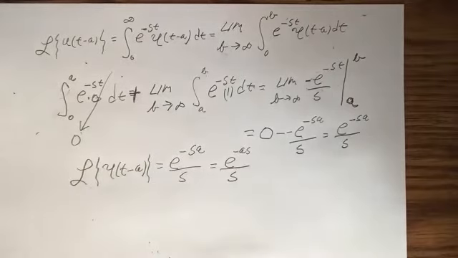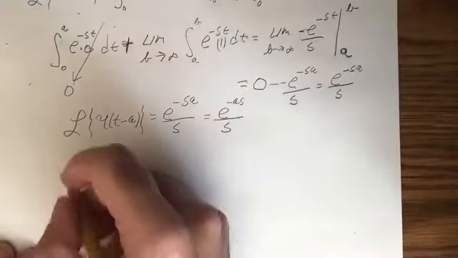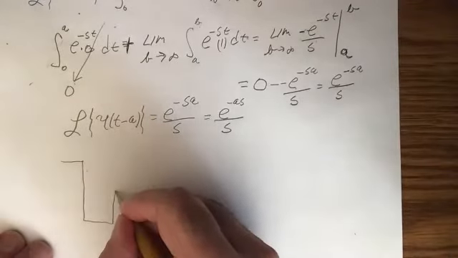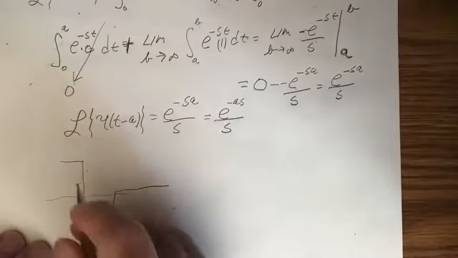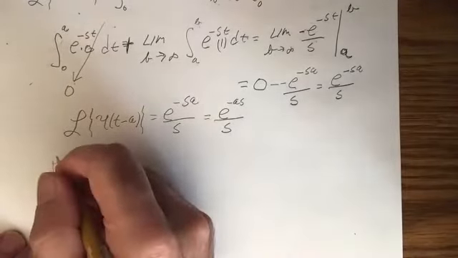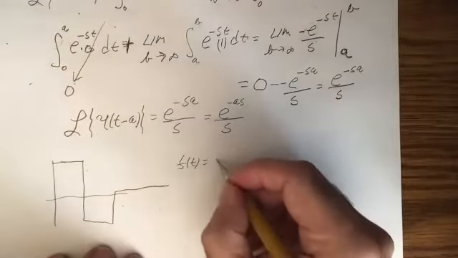Now let's see. Now let's say that we did have our complicated one. We had this here. Let's just find the Laplace transform of this thing.